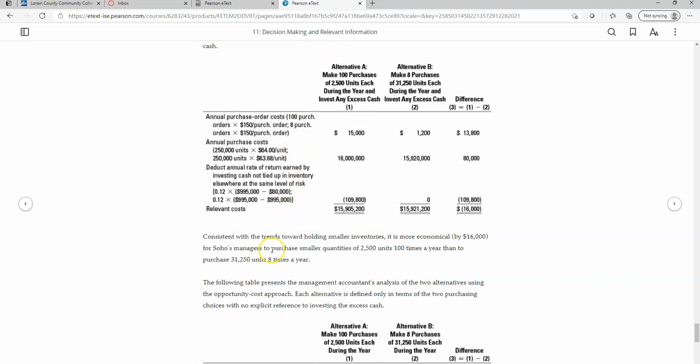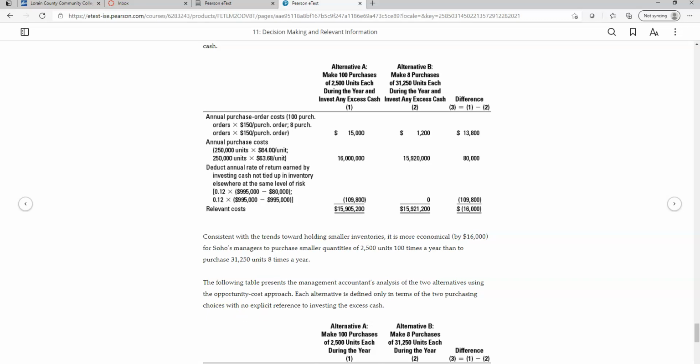However, inventory does have a carrying cost, whether it's extra warehouse space, extra utility space, overhead, insurance and so forth. There are carrying costs involved. But what if we could invest that cash not tied up in inventory elsewhere at the same level of risk?